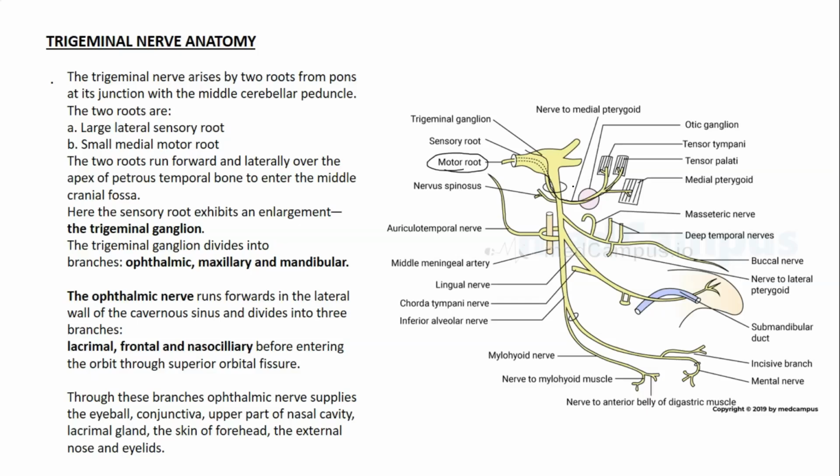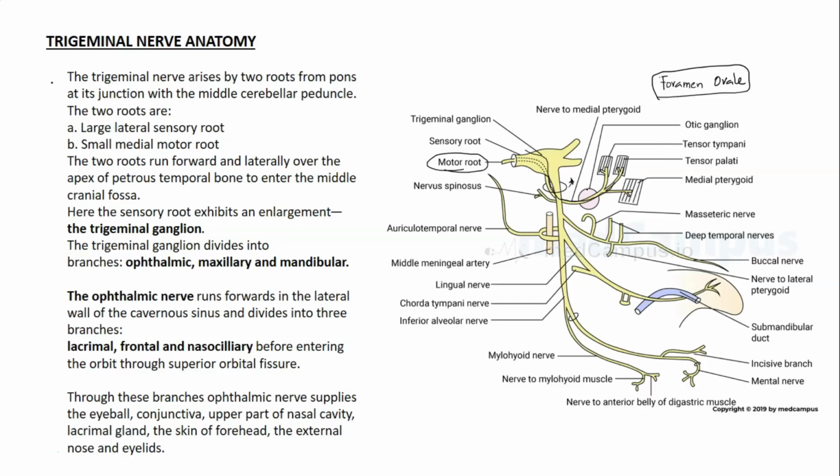It arises from the ventral aspect of the pons, crosses the superior border of the petrous temporal bone, posterior to the trigeminal ganglion, and passes through the foramen ovale, where it joins the sensory root.